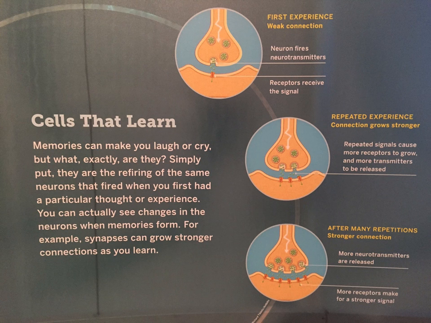So neurons actually can do a lot of learning on their own. This is one of the things I got at the Fernbank, and I really just like it. It talks about how neurons can strengthen these synaptic connections. The picture at the top shows a really weak connection.